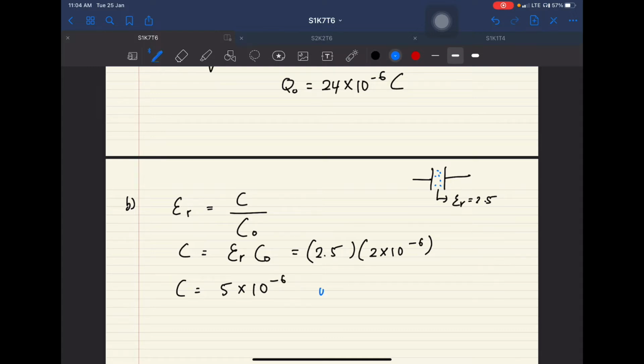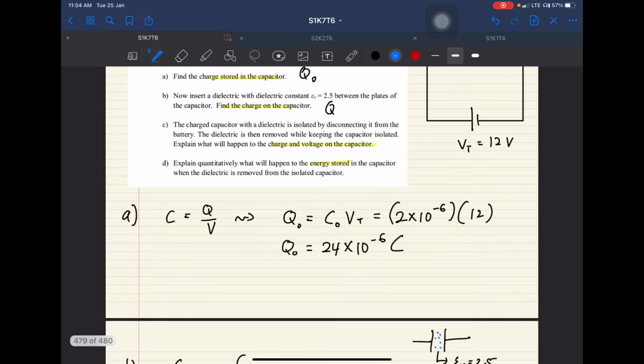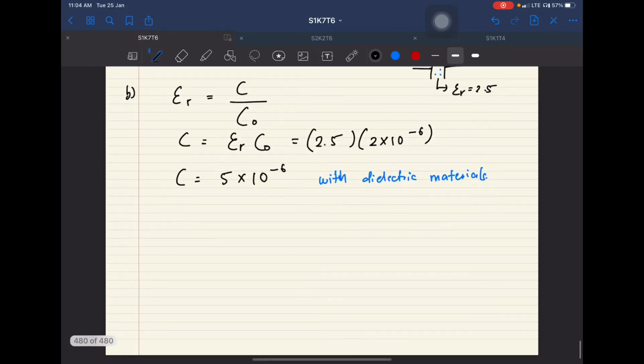So just put it here so that you don't get confused with the dielectric material. But the question actually wants you to find the charge, right? So once you find the capacitance, C equals Q over V. V is still V terminal, so Q is equal to CV.